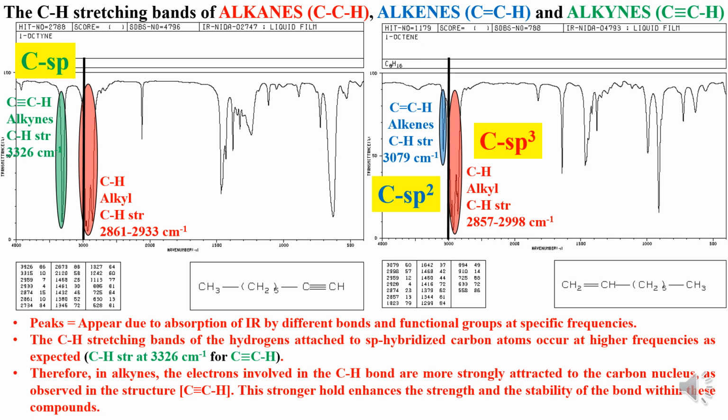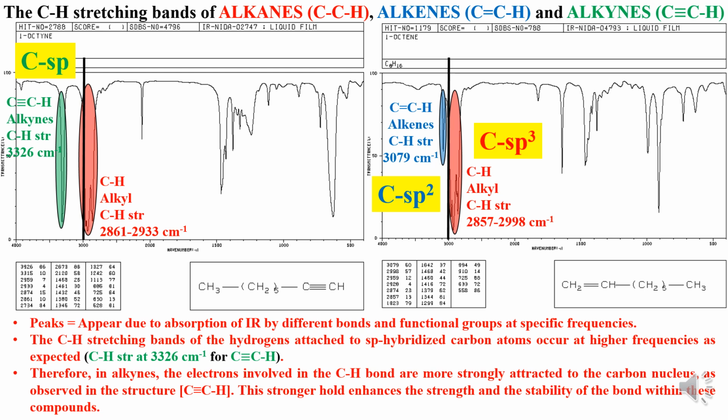Now in case of alkynes, why do the peaks appear at a higher frequency? That is because the electrons involved in the formation of the CH bond are more strongly attracted to the carbon nucleus, as observed in the structure.